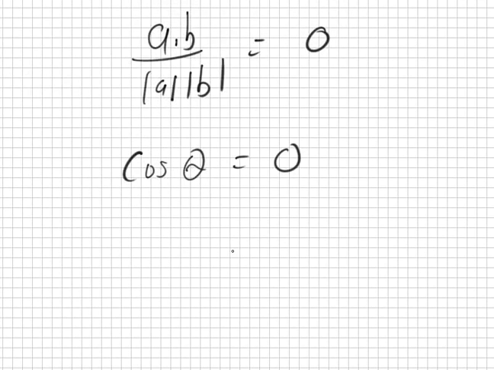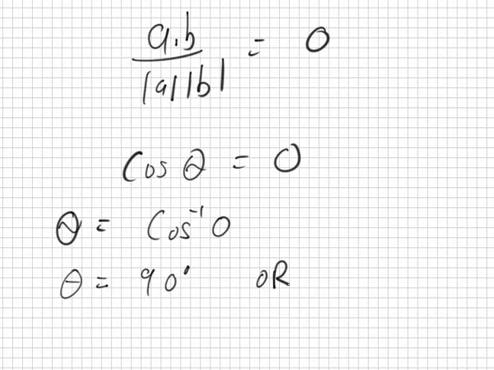So solving this, first we say theta equals cos inverse 0. So we get theta equals 90 degrees. But you have to remember there's a second answer, which is 360 minus the first answer, which is 270.